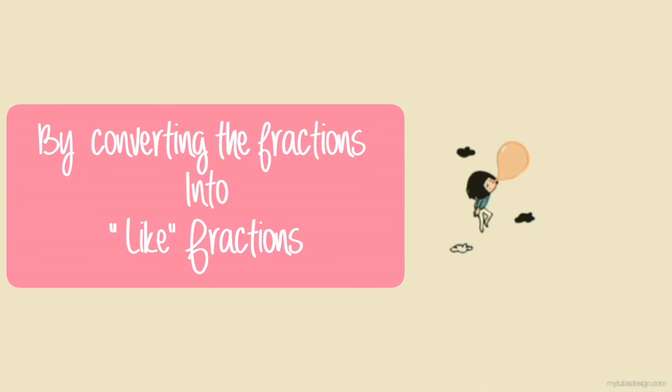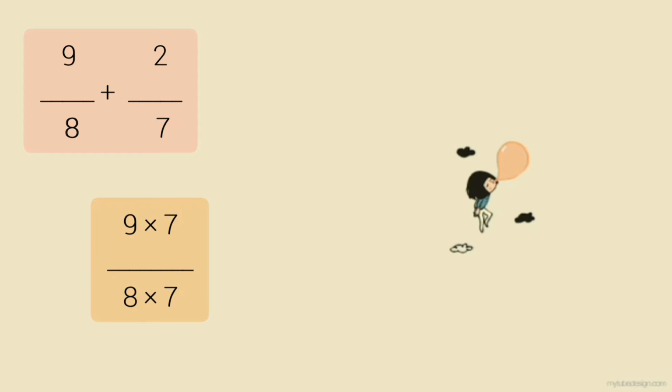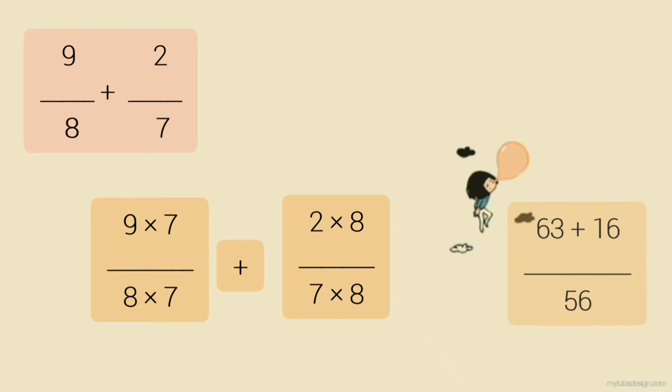Let's see another method of adding these numbers by converting the unlike fractions into like fractions. The first step is to make the denominators the same or equal, and then we multiply the same number with the numerator. For example, in the first fraction we multiplied 8 with 7. In the second fraction we multiplied 7 with 8 to make the denominators equal, that is 56.